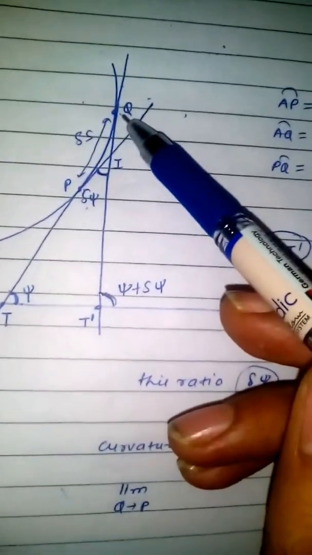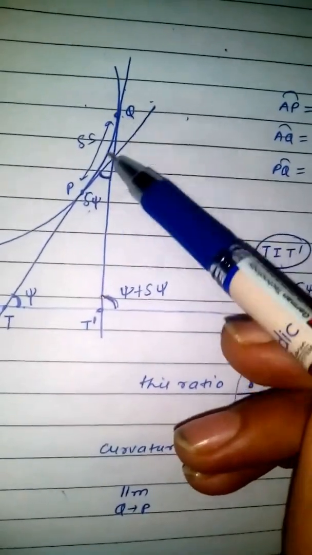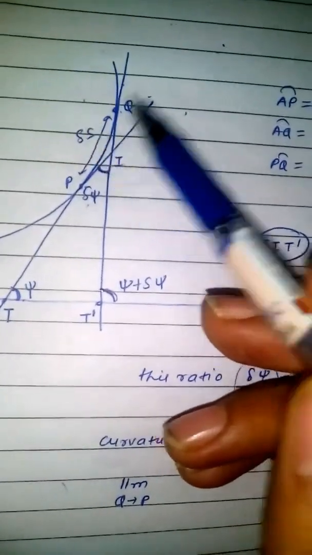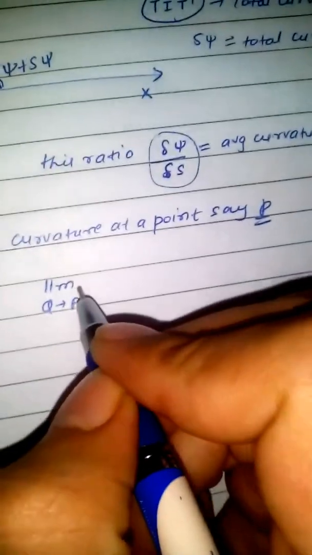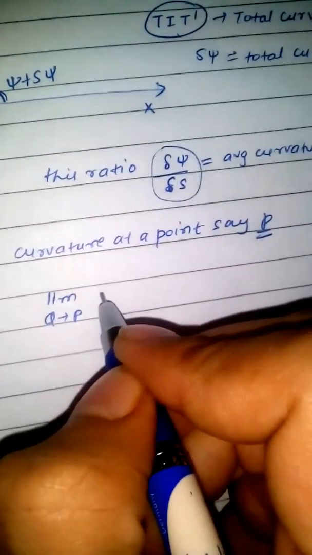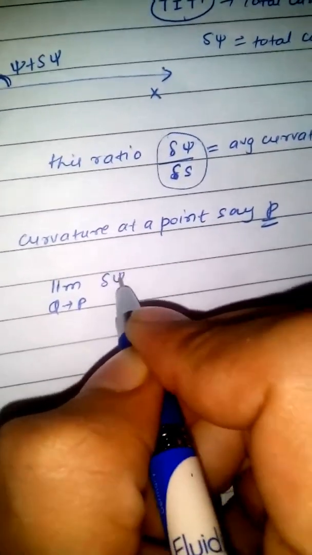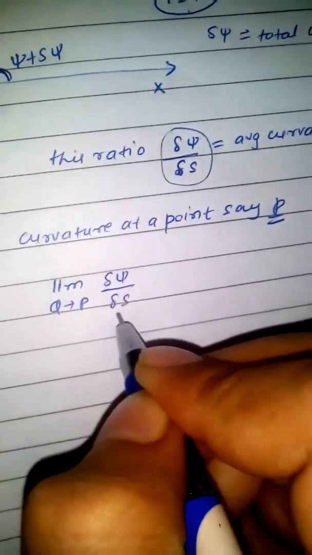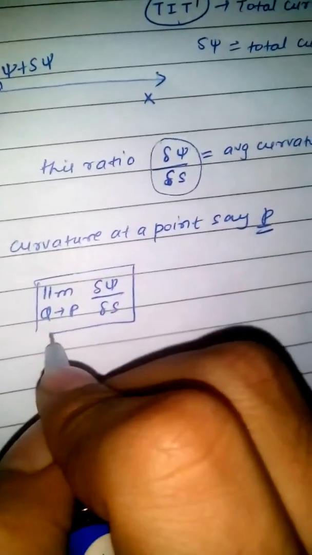Since Q tends to P, delta S will tend to 0. So the limit as Q tends to P of the ratio of the angle to the length is known as the curvature at a point.